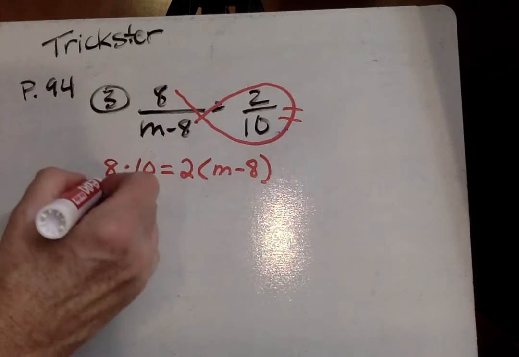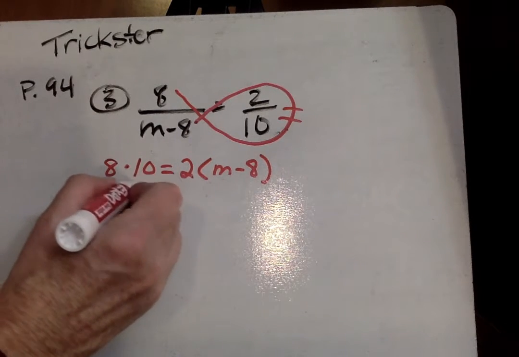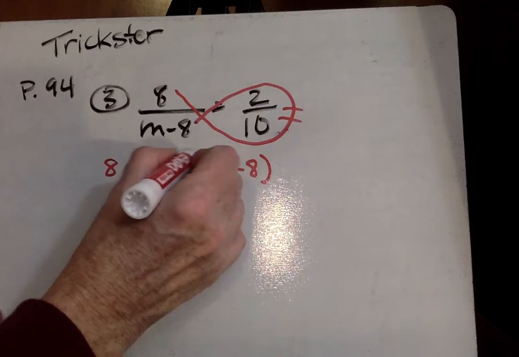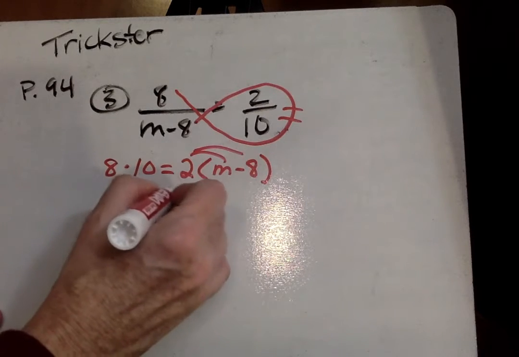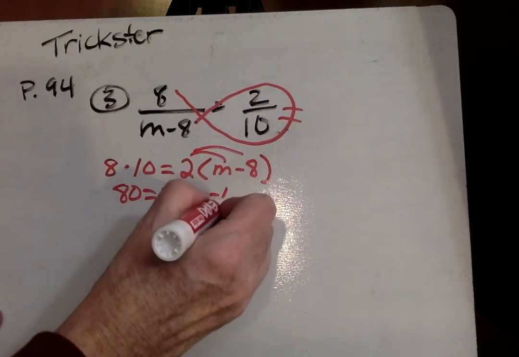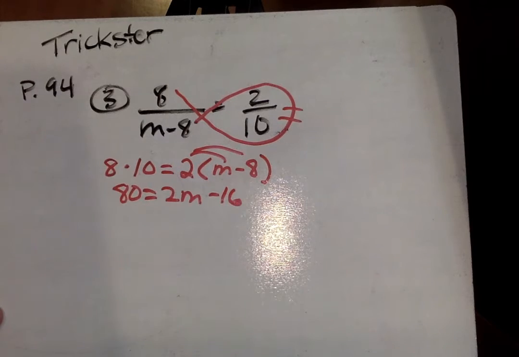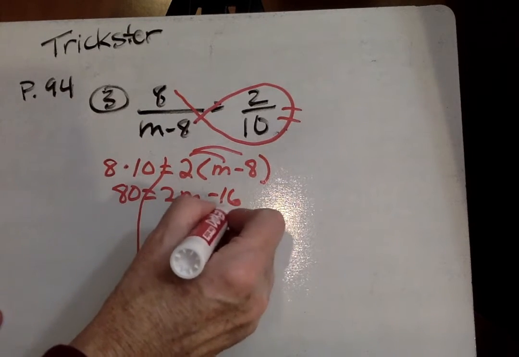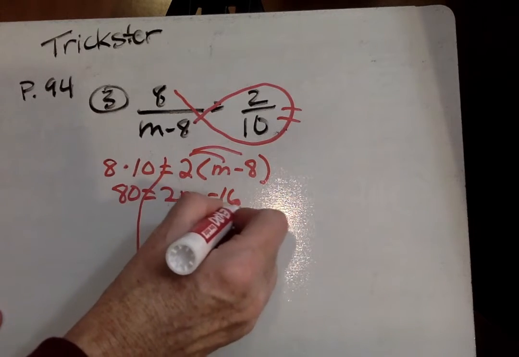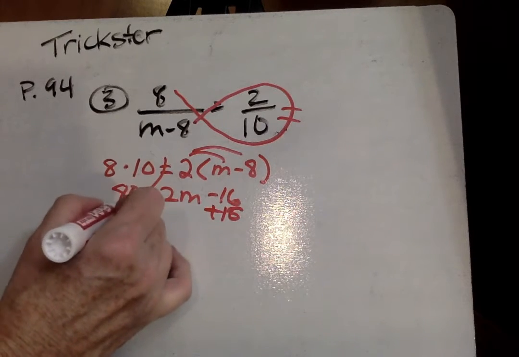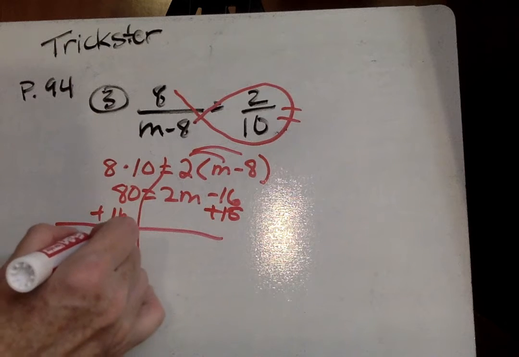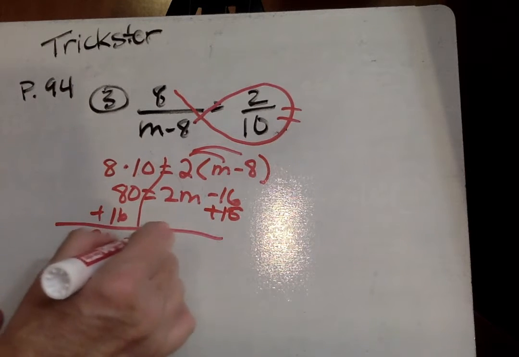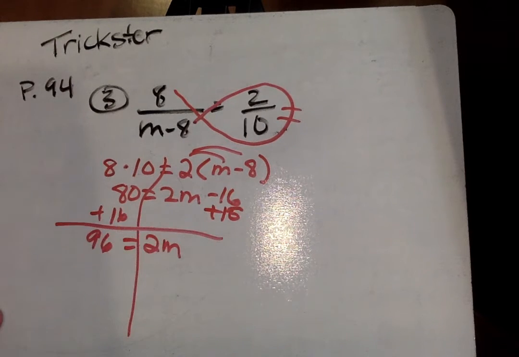So then we just solve 8 times 10. And then we use our distributive property. Now we're going to solve again. Plus 16, plus 16. So 96 equals 2m.